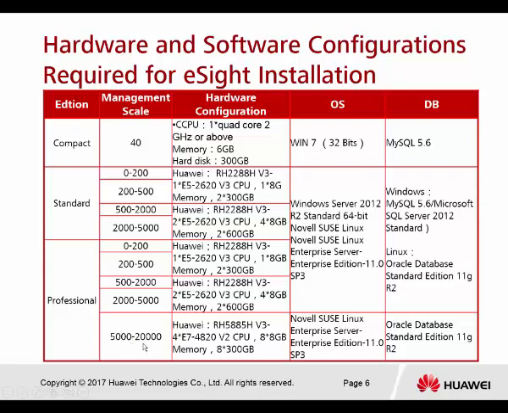For the last one, the professional version, if you want to manage up to 20,000 network equipment, you require the OS like Novell SUSE Linux Enterprise Server, Enterprise Edition 11.